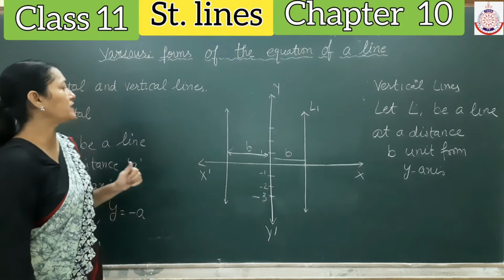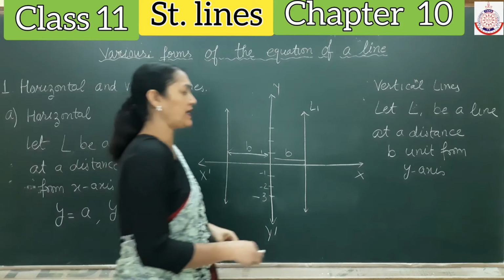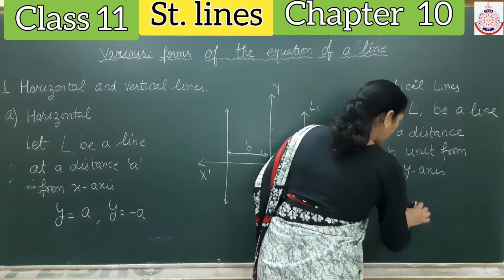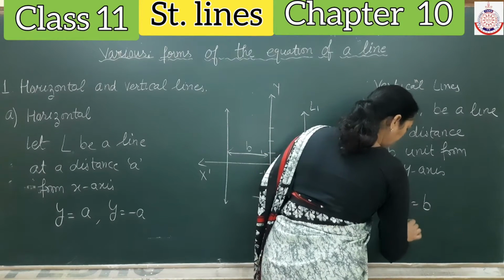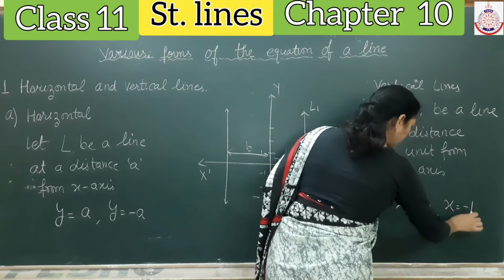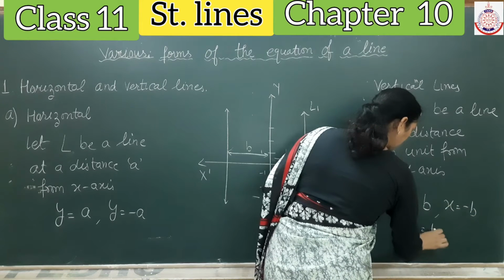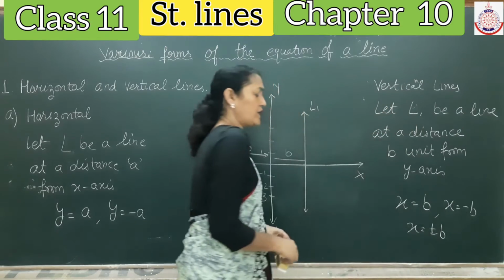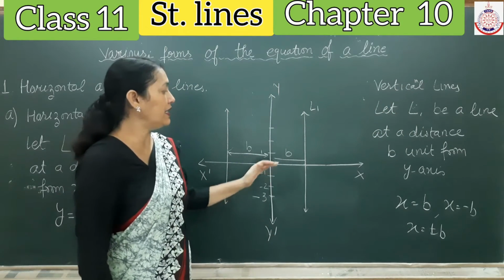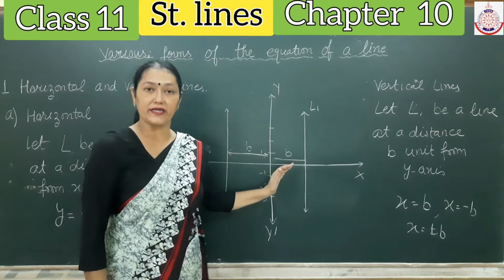That means in case of vertical lines, the equation of the line will be x equals B or x equals minus B. That means x equals plus minus B is the equation of vertical lines, or we can say lines parallel to y-axis.